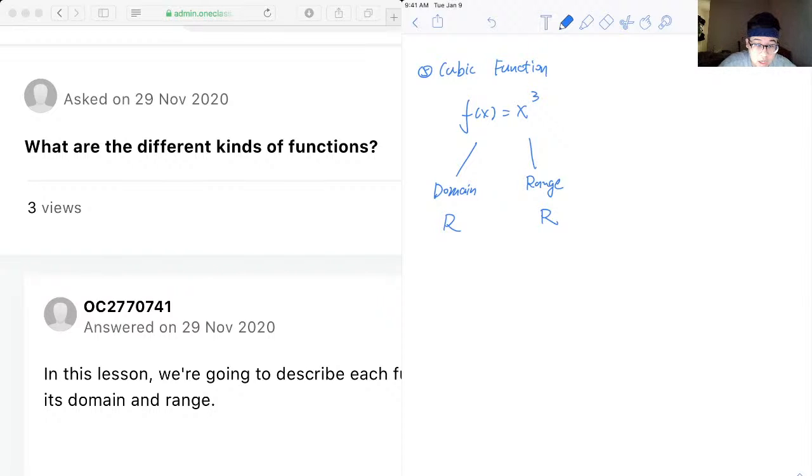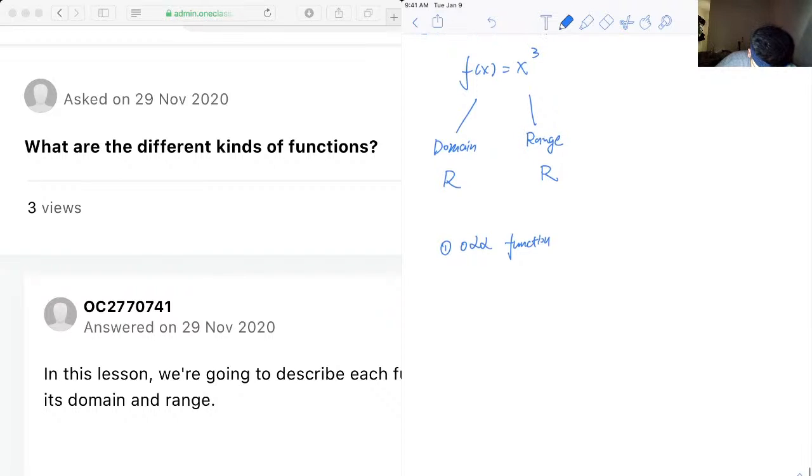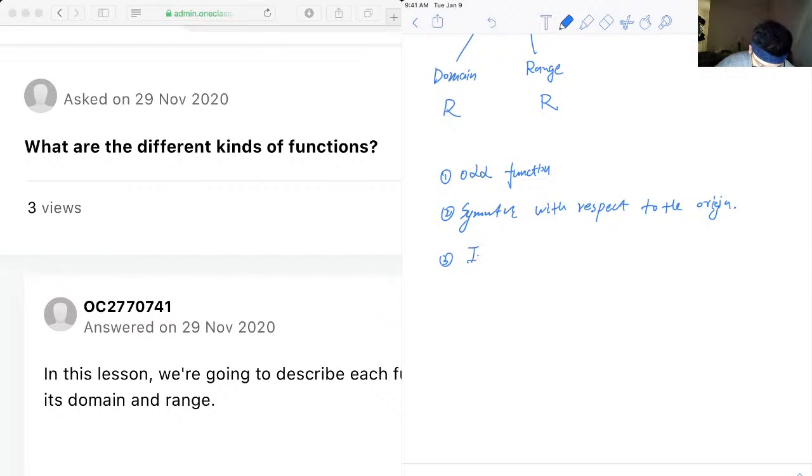The function is an odd function, and is symmetric with respect to the origin. It is also increasing on negative infinity to positive infinity.